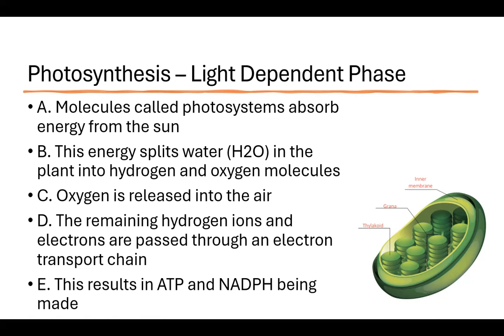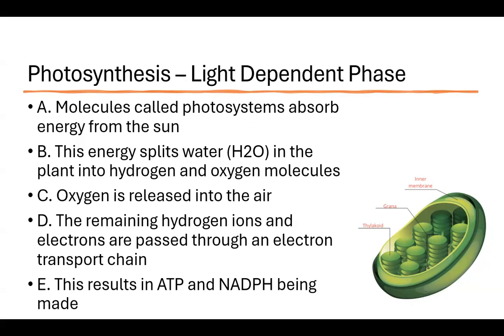The remaining hydrogen ions and electrons are passed through an electron transport chain. That's pretty neat. This results in ATP and NADPH being made. You're probably wondering what NADPH stands for.